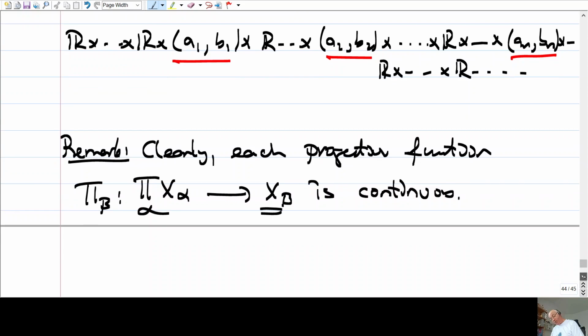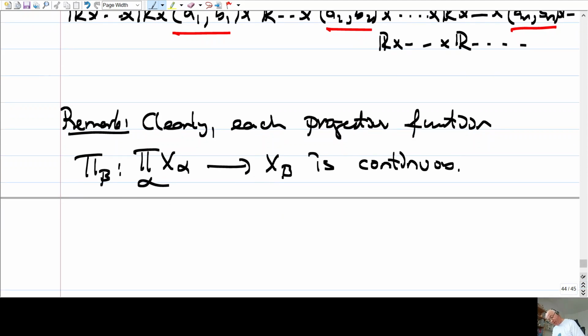Therefore, yes, this is the smallest topology.